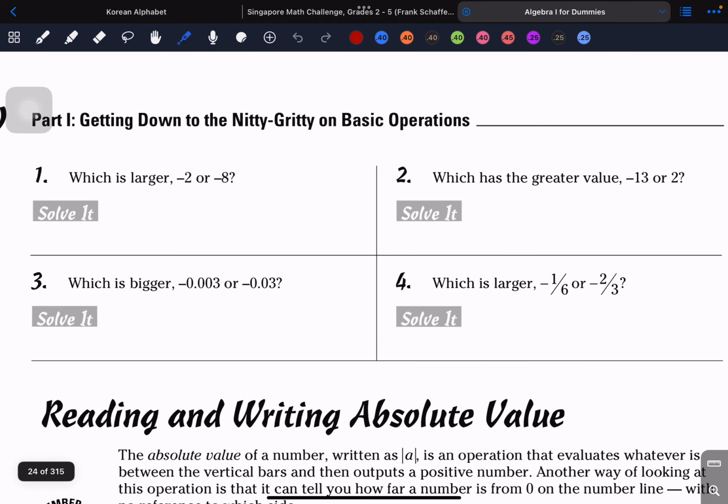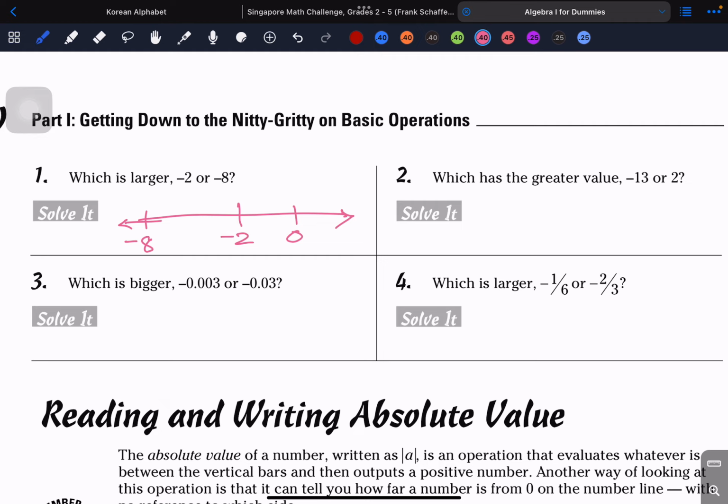Number one, which is larger? Is it negative 2 or negative 8? Ano sa tingin mo? Tingnan natin. May number line tayo. Ito si 0. Ito si negative 2. Ito si negative 8. Alam natin na kapag negative numbers ang pinag-uusapan, the more na mas malapit ka kay 0, the more na mas malaki ka.